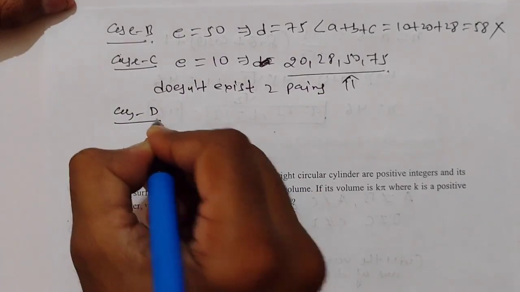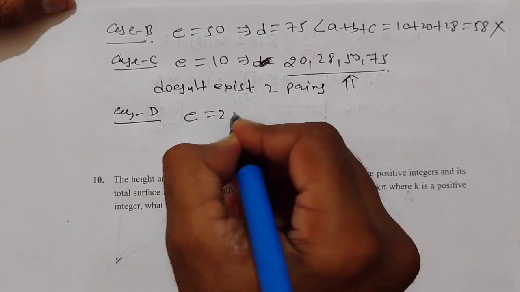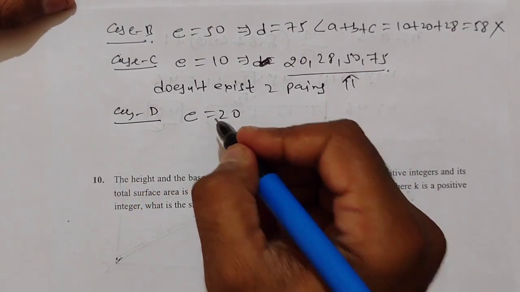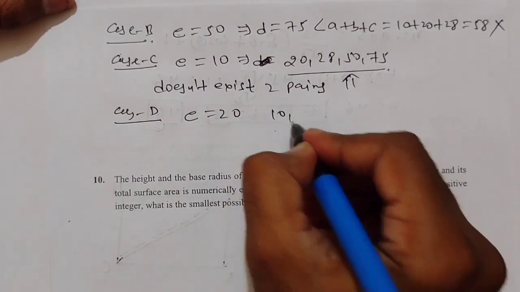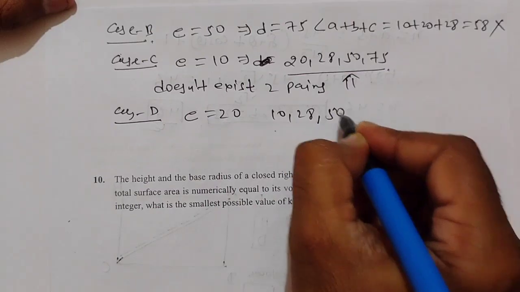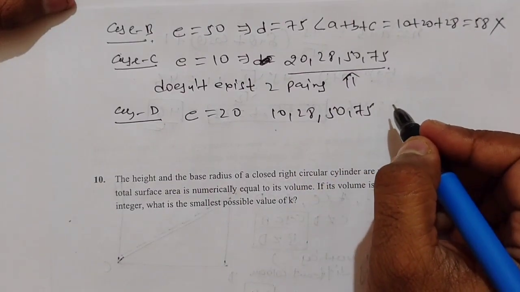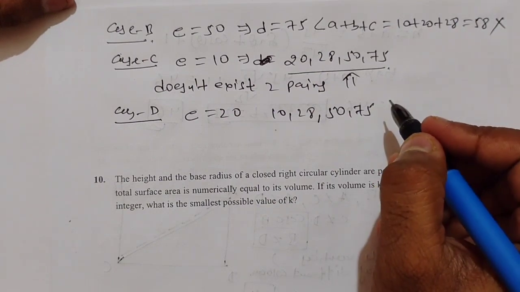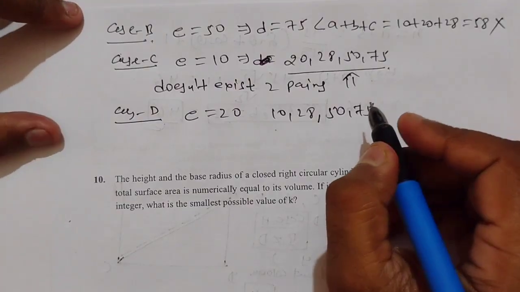Now if we use case D, then in this case if we use E is equal to 20, in this case also two pairs do not exist amongst 10, 28, 50 and 75, because both pairs have differences not less than 20.